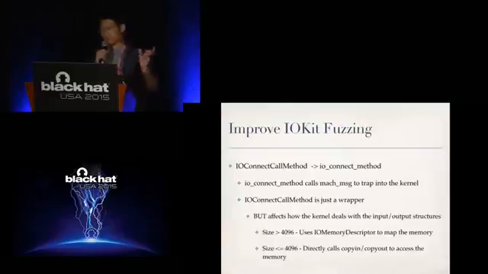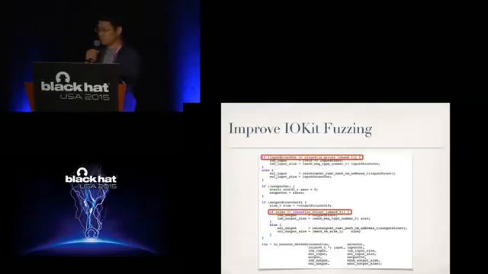Otherwise, if the buffer is small, you can just copy in and copy out to access the memory. This is obviously for performance considerations. This is a snapshot of the code. You can see there are two size checks, and in different branches they pass different parameters to the low-level function.